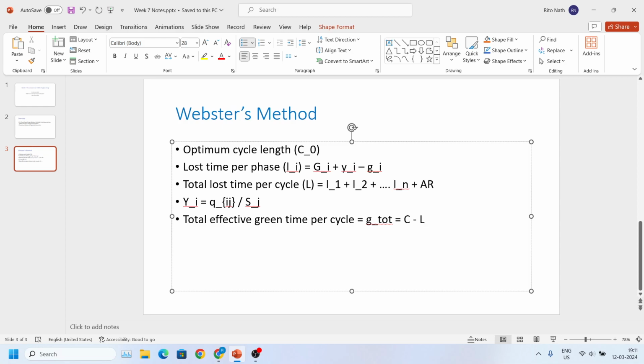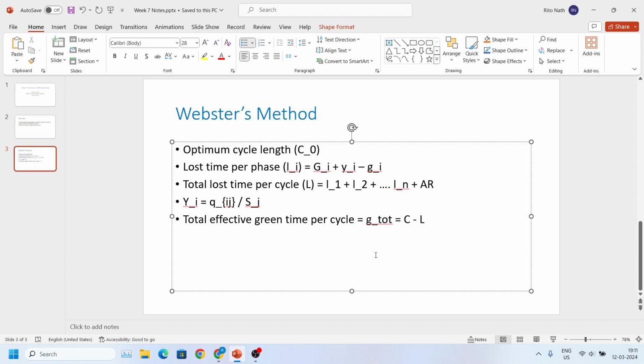Then you can distribute it for each phase as well, depending on the yi values that I have talked about. The actual green time can also be calculated through this formula, where you just take the gi and yi to the opposite side and you will get it. So all these are related like this.